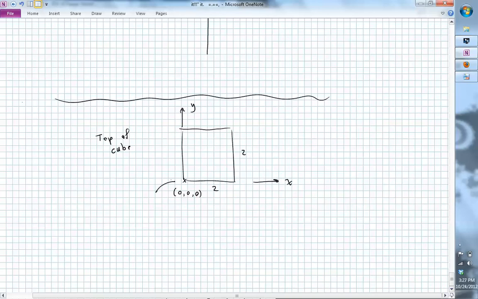And this is my reference edge. Does everybody see how it doesn't really matter which edge I choose? Right? It's a cube, so it just doesn't matter. So I'm choosing to take that reference edge, and the z-axis is coming out of the page.